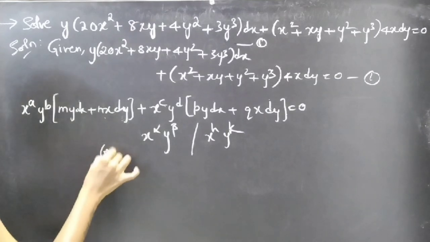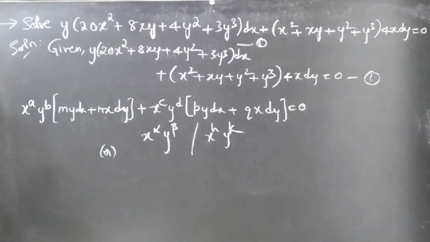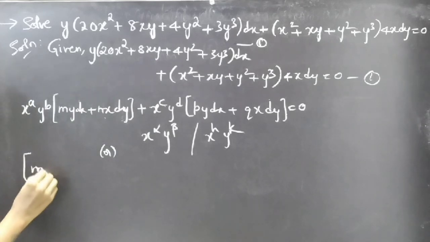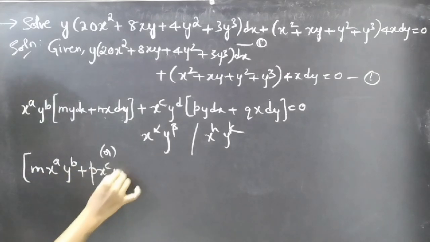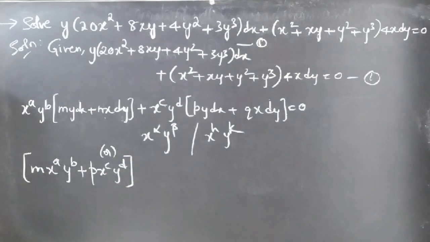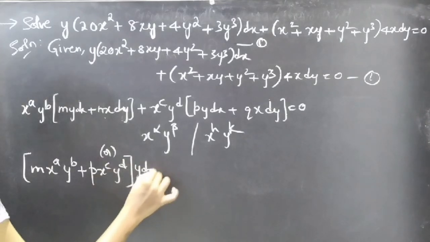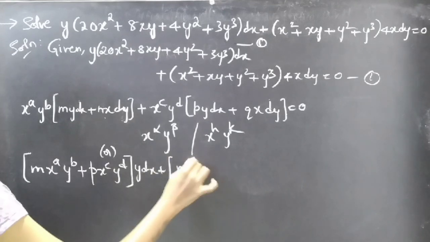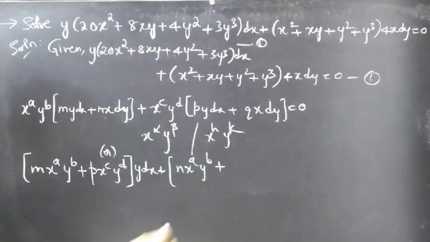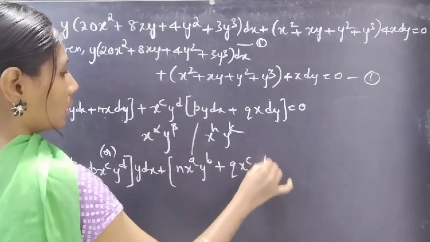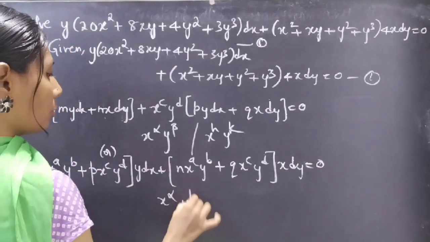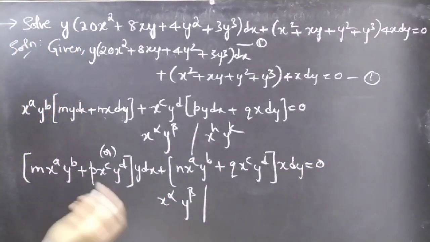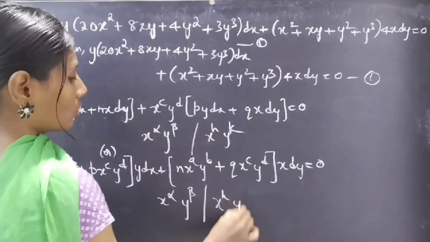Or if the given differential equation is of the form (m x^a y^b + p x^c y^d) y dx + (n x^a y^b + q x^c y^d) x dy = 0, then x^α y^β will be the integrating factor, or x^h y^k.